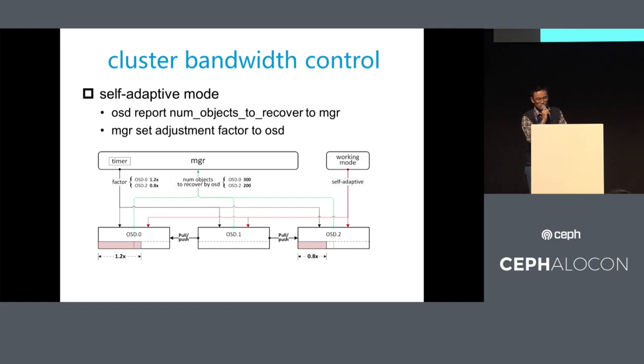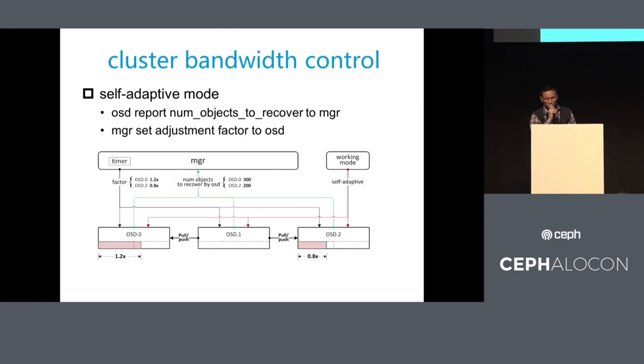So we can make further adjustment. From the PG status reported by OSD, MGR knows how many degraded objects need to recover per OSD, and then figures out the adjustment factor according to that.